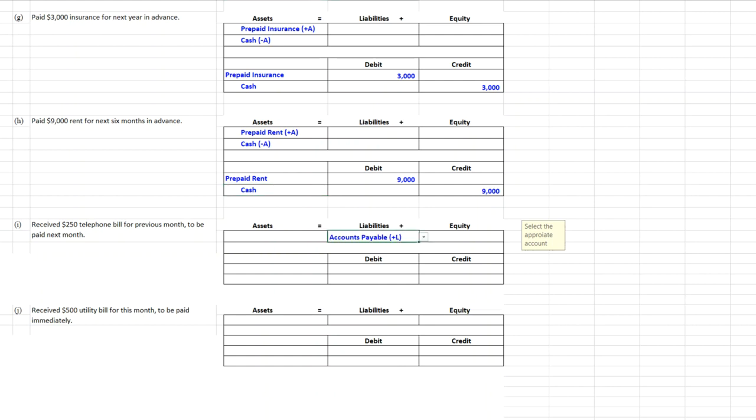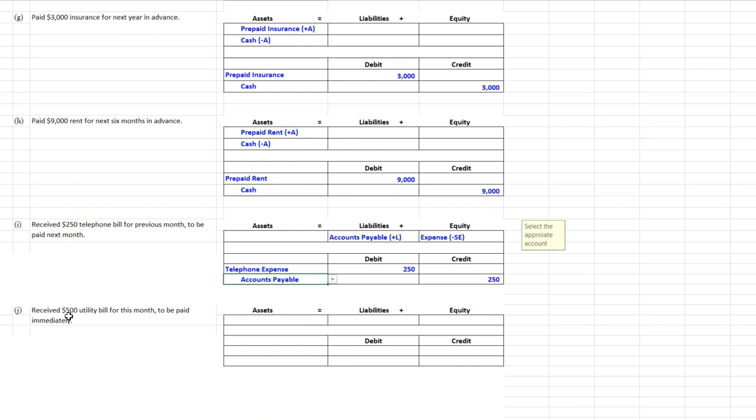So we will increase accounts payable, a liability, and we record an expense, telephone expense. So we record the expense with a debit to telephone expense for $250 and a credit to accounts payable for $250 to increase our liabilities.